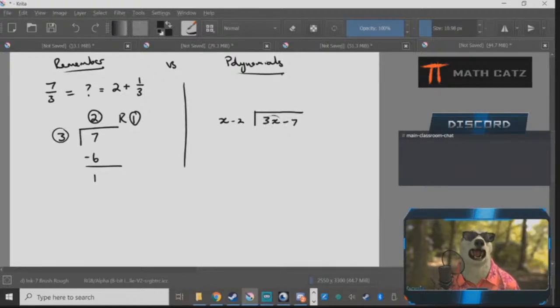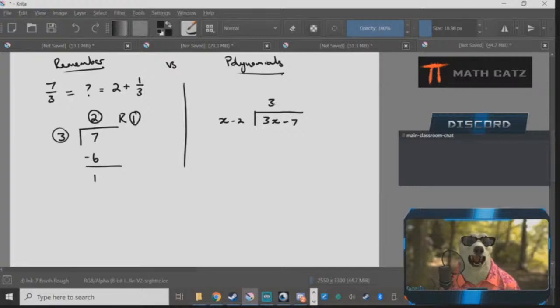So what I'm going to do is first compare leading terms when I ask the next question. 3 goes into 7 how many times? X goes into 3x how many times? X goes into 3x 3 times.